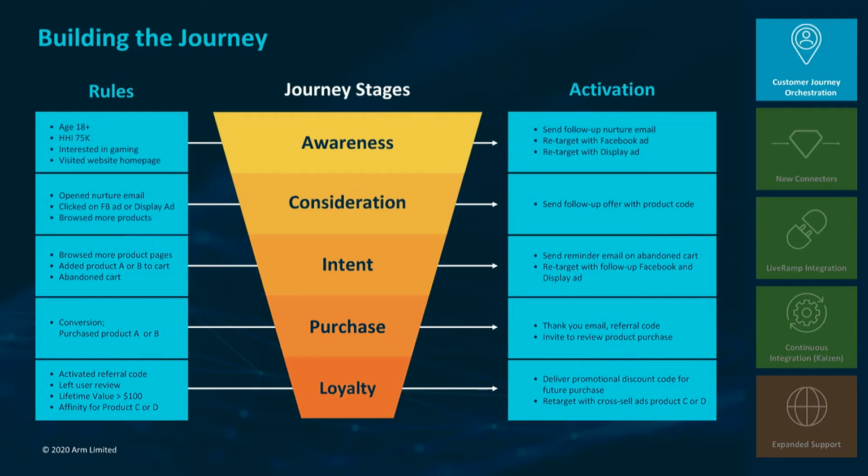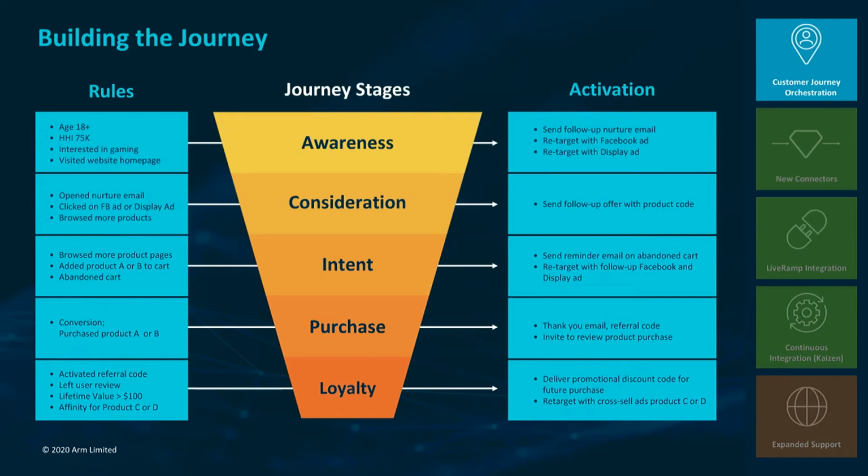And so the journey itself, I wanted to give you a quick example. This is a journey stage, a very typical funnel that all marketers are used to, from awareness all the way down to loyalty. And so if you're following a customer through that journey with you, you could be setting up rules in our segmentation builder that say, hey, I want to see people who are age 18 or more, have a household income of 75K or more, and they've viewed some of these pages on their website.